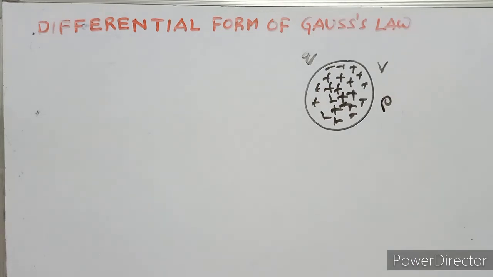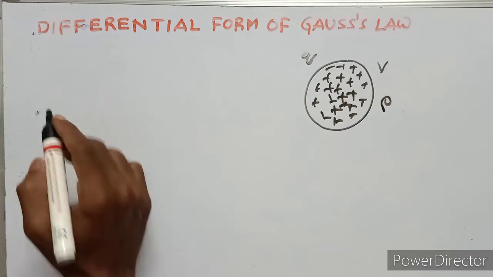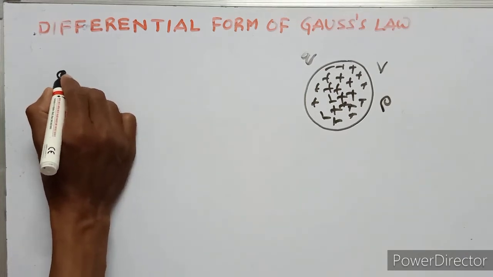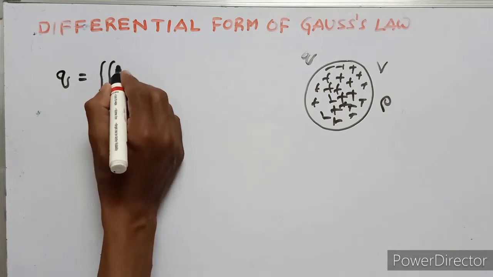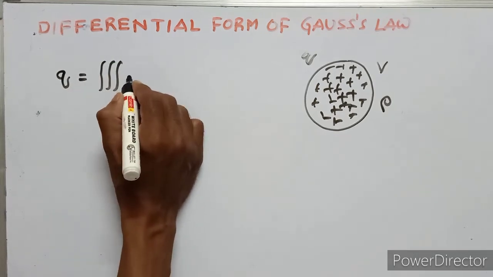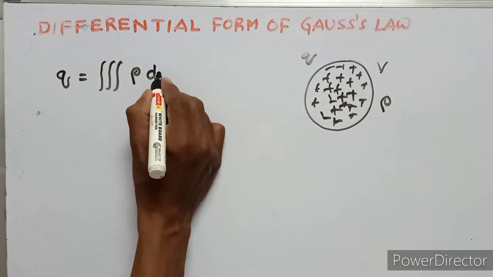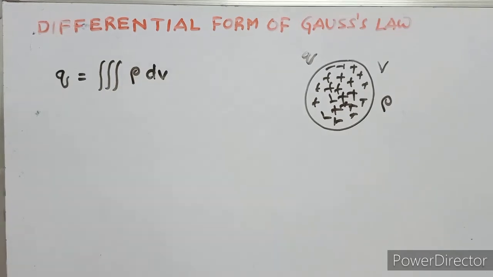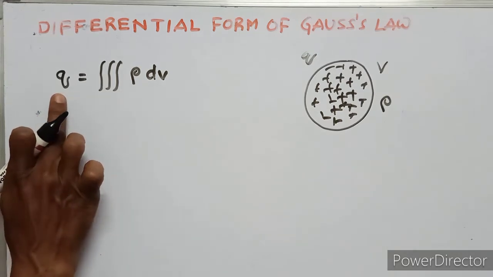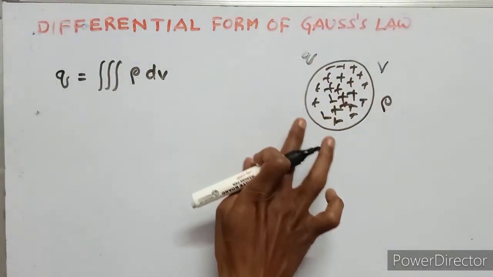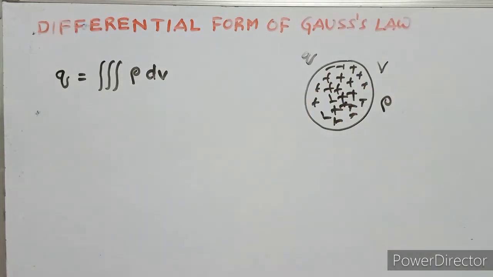First of all, the charge is defined as Q is equals to volume integral rho dV. This is the definition of charge over the closed surface area.